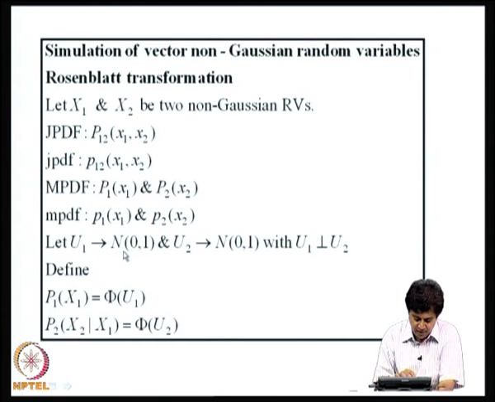Now let u1 be distributed normally with mean 0 and standard deviation 1, and similarly u2 normal with mean 0 and 1, and let u1 and u2 be independent. So I begin by defining P1 of x1 equal to phi of u1 and P2 of x2 conditioned on x1 as phi of u2.